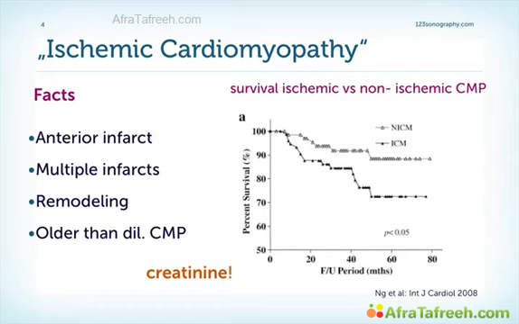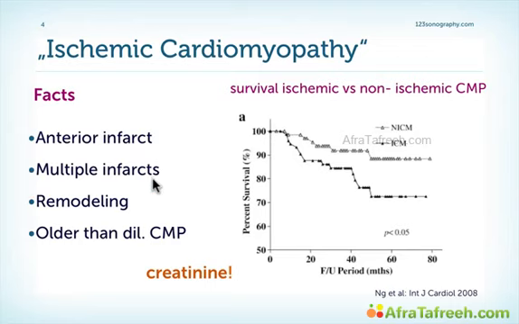However, there is a difference between ischemic cardiomyopathy and dilated cardiomyopathy with respect to survival. You can see in this diagram that patients with dilated cardiomyopathy have a better prognosis than those with ischemic cardiomyopathy. Here are some other facts. Often patients have anterior infarcts simply because in general anterior infarcts are larger than inferior infarcts.